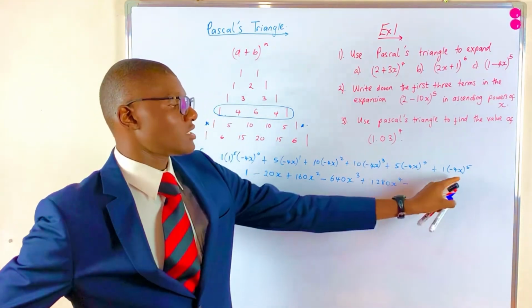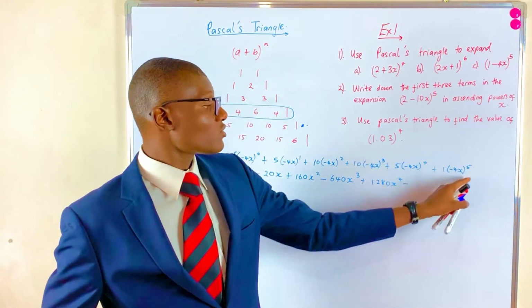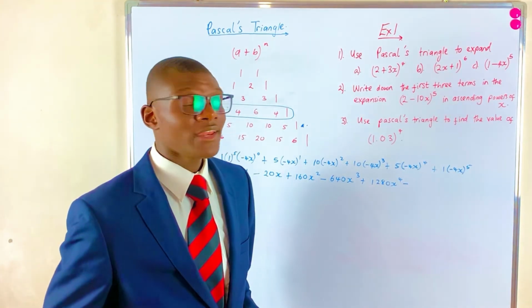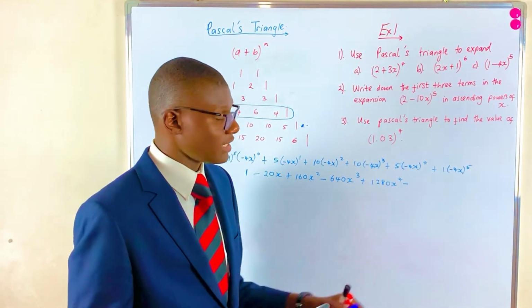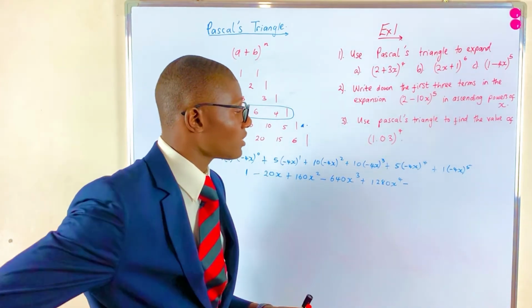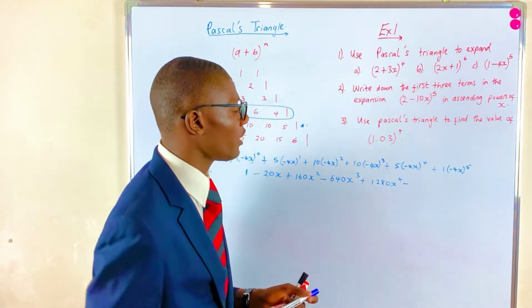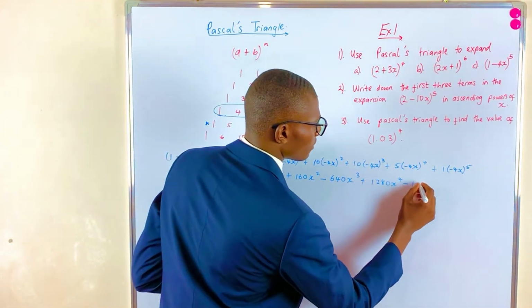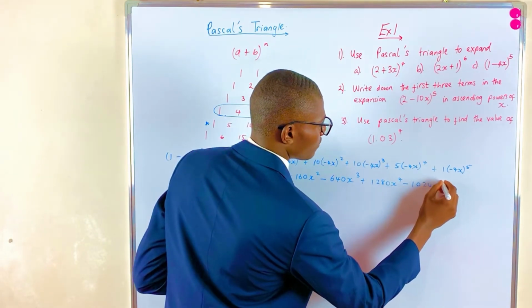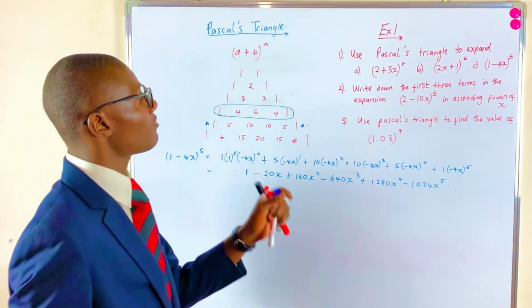Well, now this is automatically minus, because since you have a negative and you're raising this to the power of an odd number, then we need a negative here. 4 to the power of 5, that will be 1024. Okay, yeah, so minus 1024x to the power of 5. So this will be the expansion for part C.